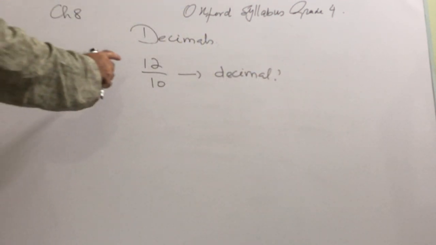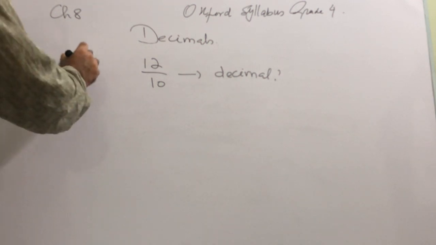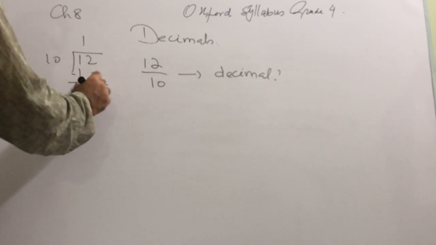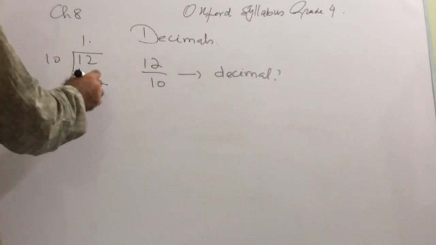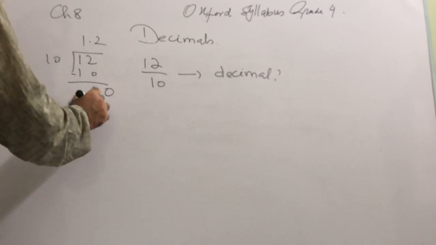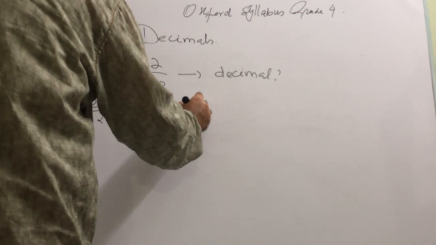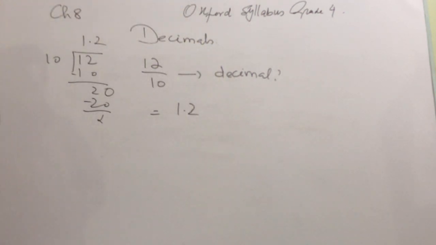So we will just divide 12 by 10. 10 ones are 10. We get 2. 2 is smaller than 10. Put point here. Put 0 here. 10 twos are 20. So we can write it like 1.2. This is how we express it in decimal form.